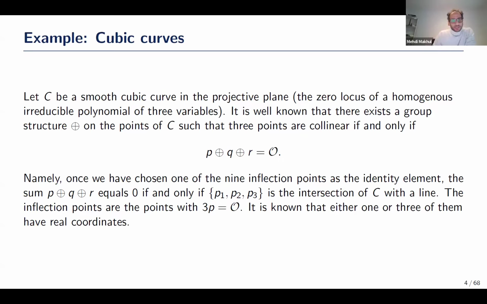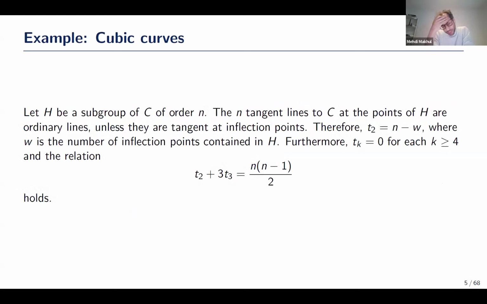And now if we apply the Bezout theorem, we know that any line in the plane must intersect a cubic curve in exactly 3 points, counting multiplicity. So for example, a simple tangent line counts twice, and if the point is an inflection point, then the tangency must be 3. Now let H be a subgroup of C of order n.